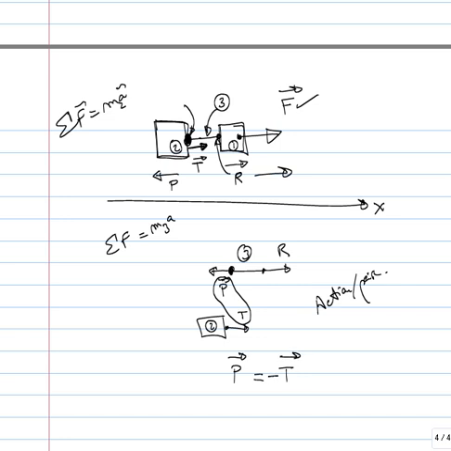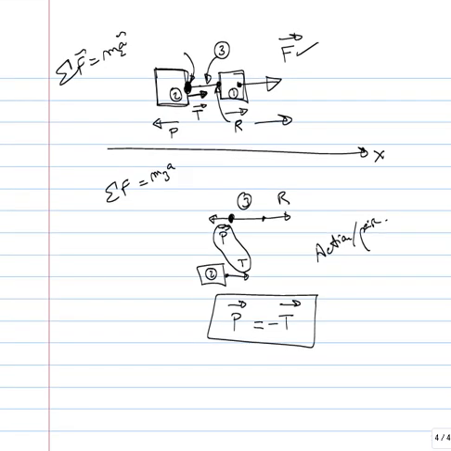Therefore, mathematically, this is the relationship between the two. In other words, since P was the force of object 2 on object 3, and T was the force due to object 3 on object 2, the third law is telling us that F2 from 3 is equal to minus F3 from 2.